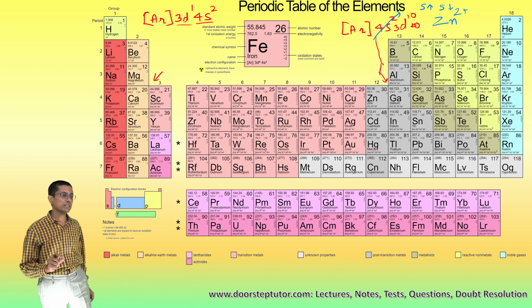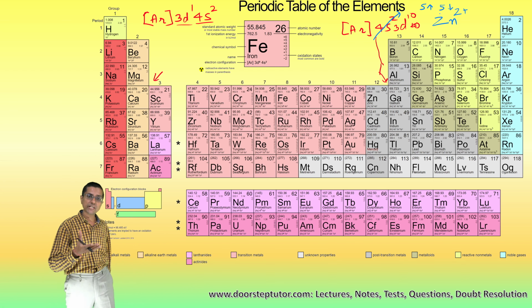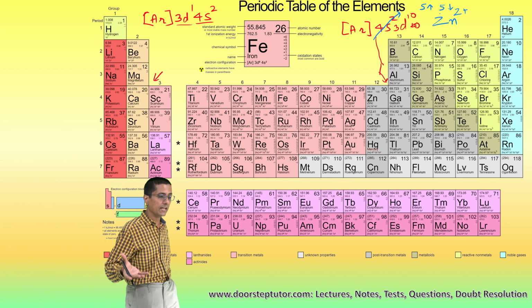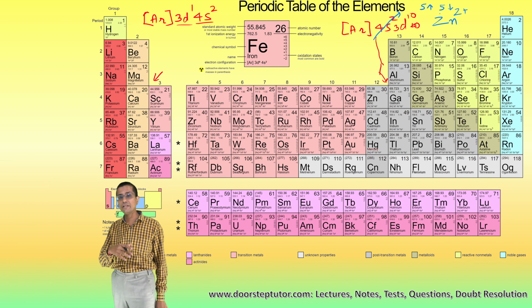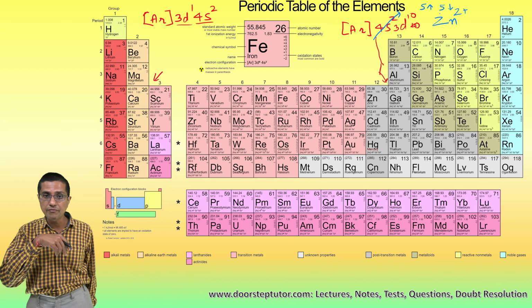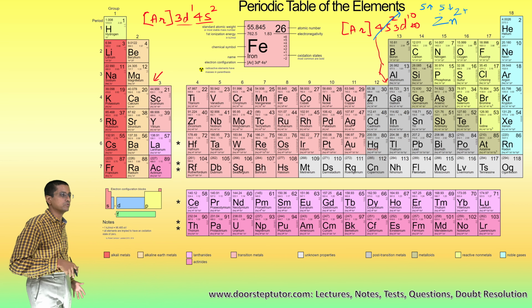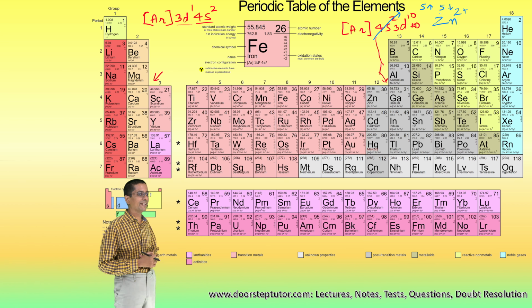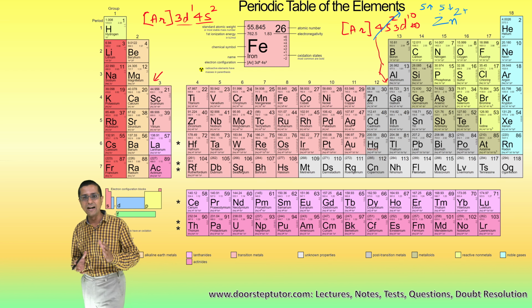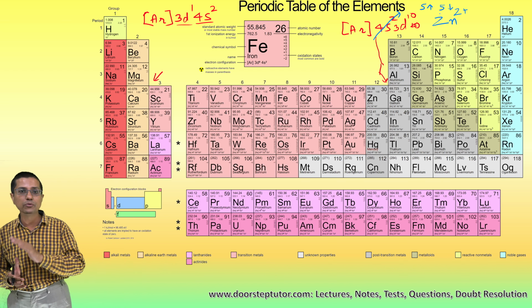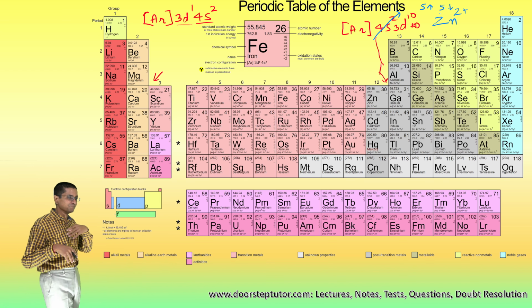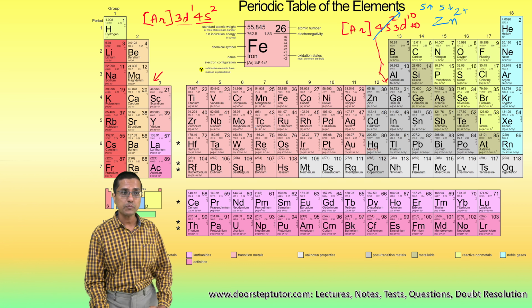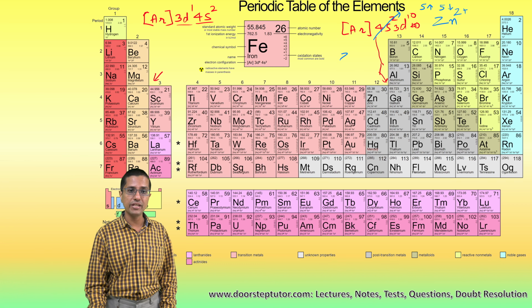Because of this exchange energy, all of these d electrons have become very stable, and therefore zinc does not lose them. It likes to keep these d electrons, and the only electrons that it can possibly lose are those 4s electrons. So those electrons are lost, and we get zinc 2+.